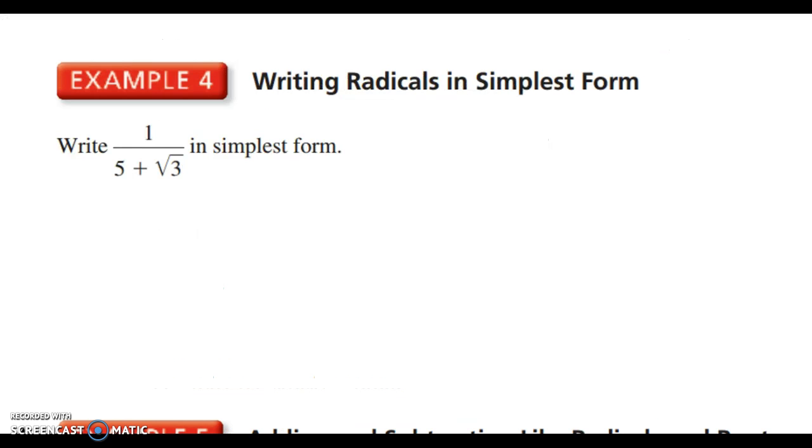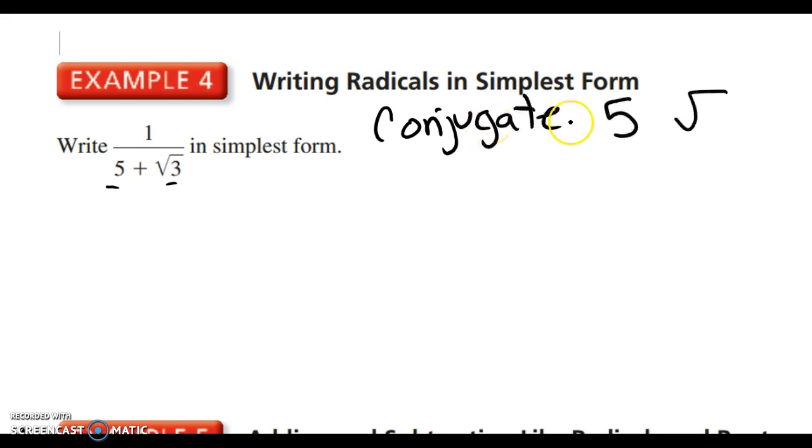Now let's look at example 4. With example 4, we have a radical in the denominator, which is not allowed. But because it's a binomial, or it's got two pieces, what we have to do to get rid of the radical is multiply by the conjugate. The conjugate will be basically the exact same expression, except the signs will be different.